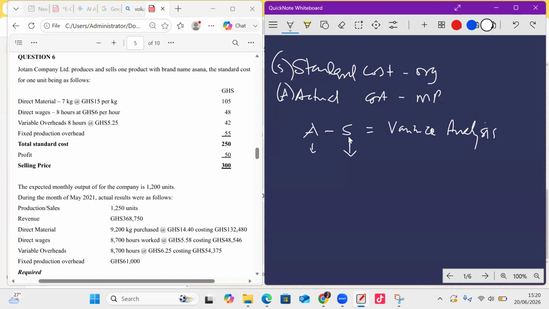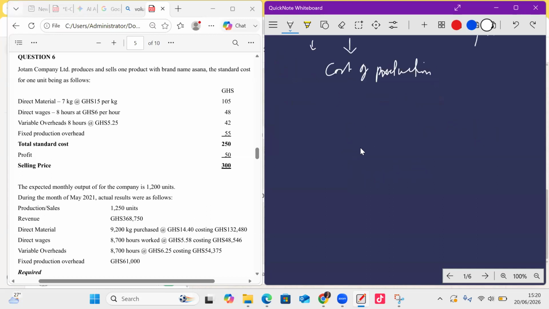Now, costs of production. How is cost of production determined? We've learned over time that to compute a cost of production or product costs, let me use the word cost of a product. Then we have product costs.